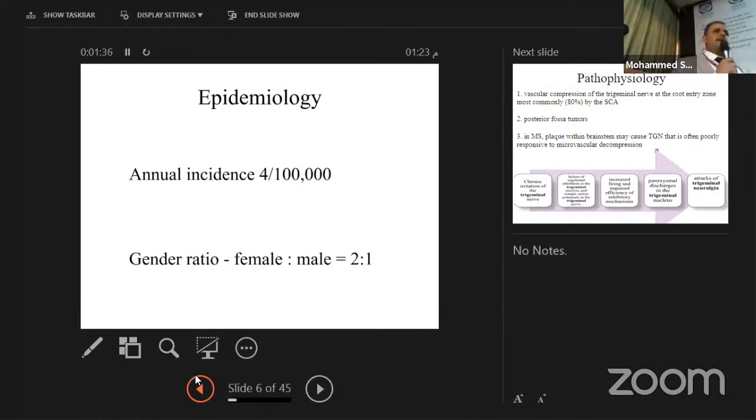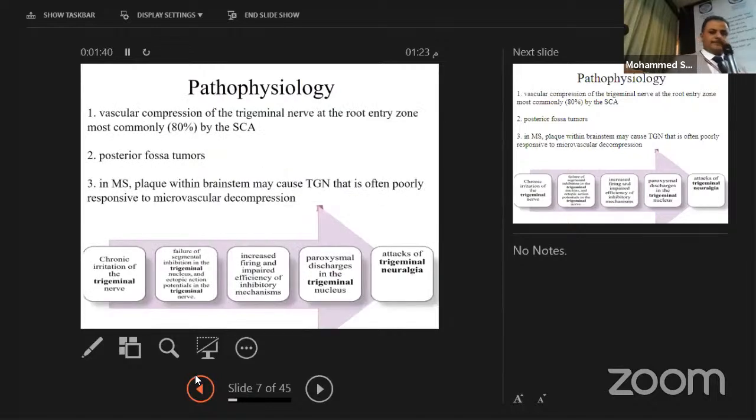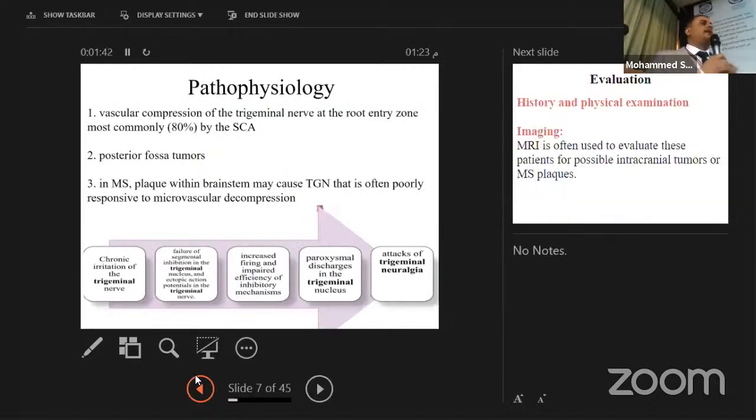Gender: female more than male by double the number. Pathophysiology: it is compression of the trigeminal nerve by vascular compression, mostly the superior cerebellar artery, then posterior fossa tumor or cyst, then multiple sclerosis. It irritates the trigeminal nucleus and causes attacks of neuralgia.